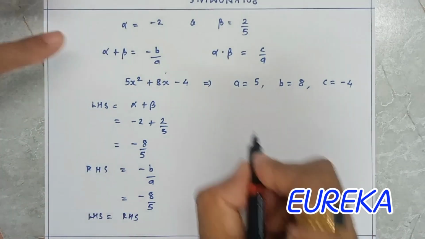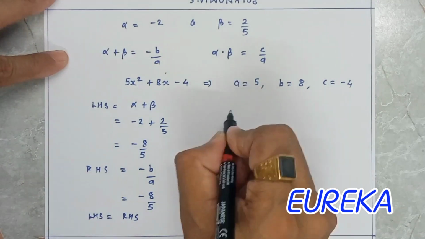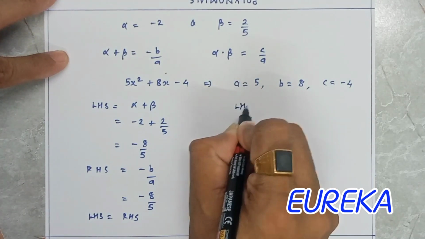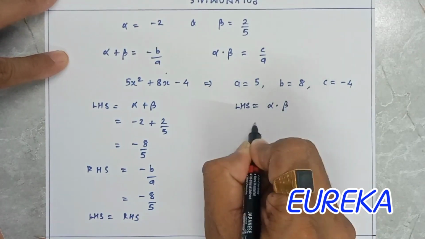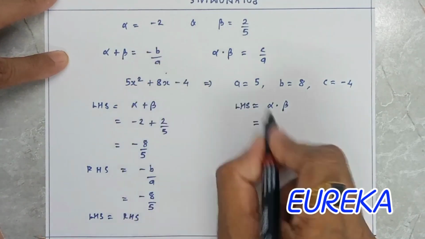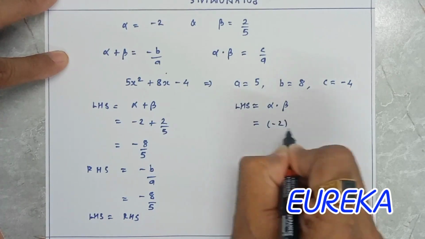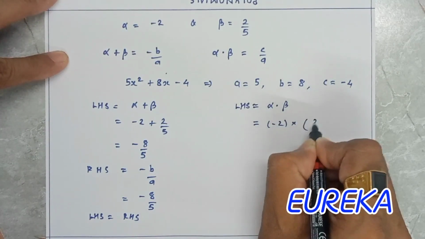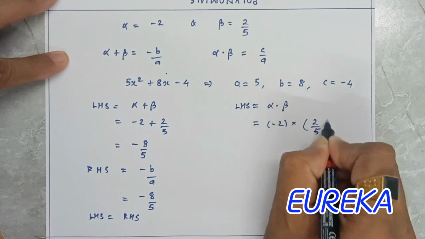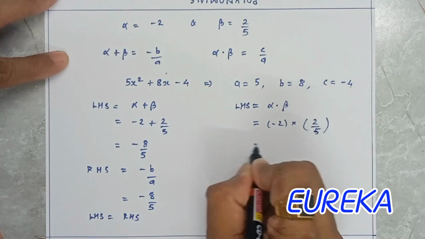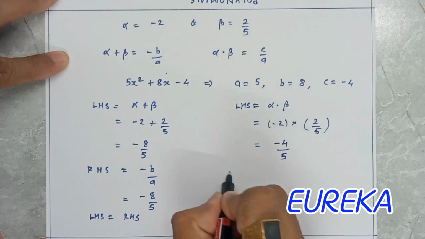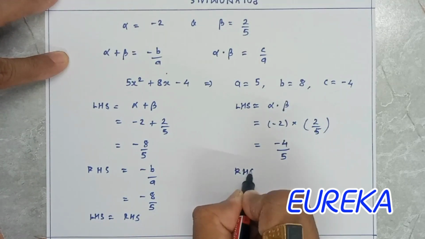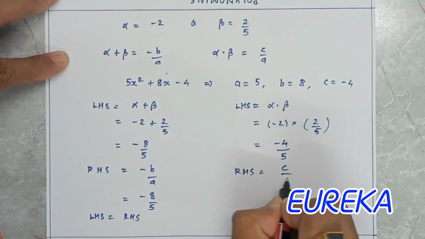Is it very clear? In the same way, for the product of zeros, LHS gives alpha into beta. Alpha is minus 2 and beta is 2 by 5. 2 into minus 2 gives minus 4 by 5. And what will be the RHS? RHS will be c upon a.